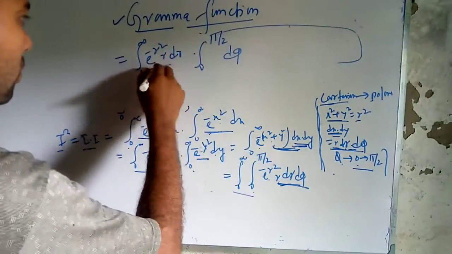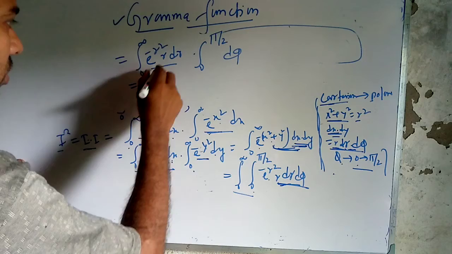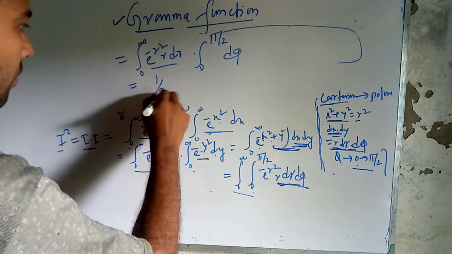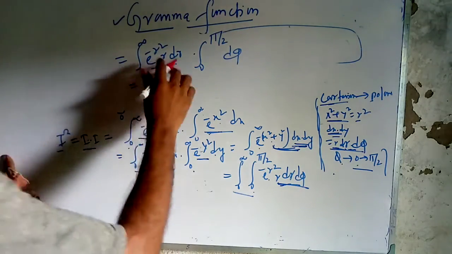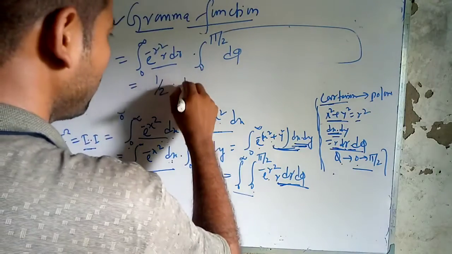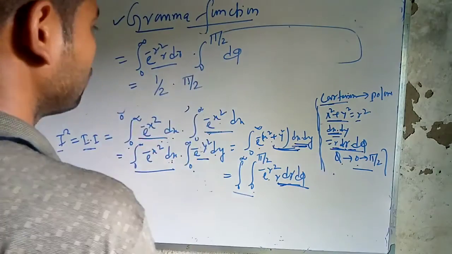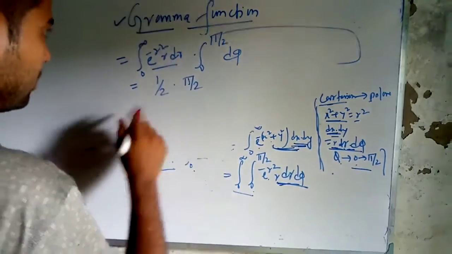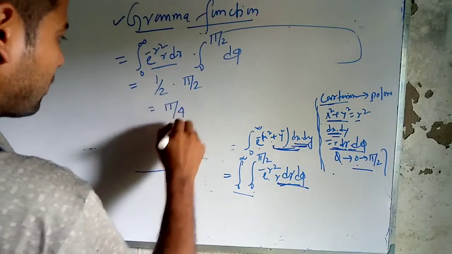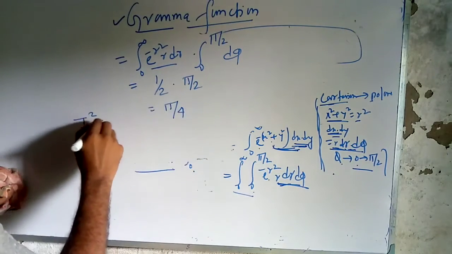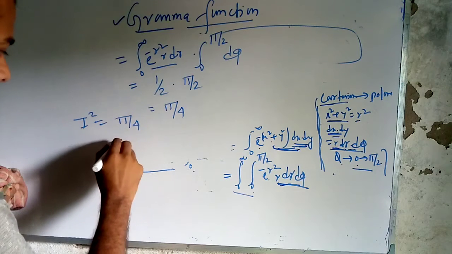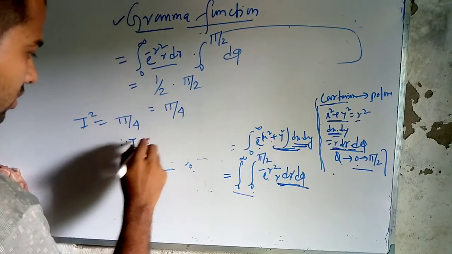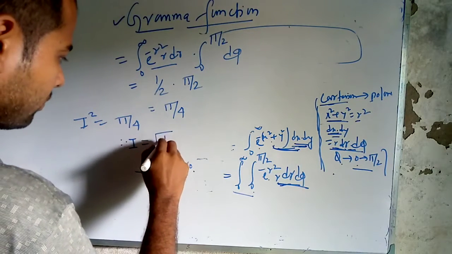Integrating the first part gives one half, and the second gives pi by 2, hence it is equal to pi by 4. So I square equals pi by 4, and hence I equals root over pi by 2.